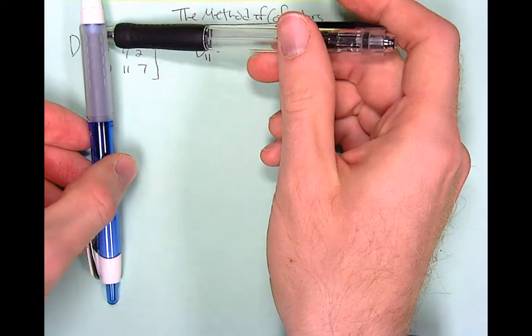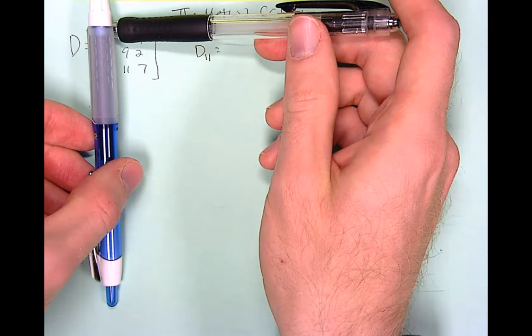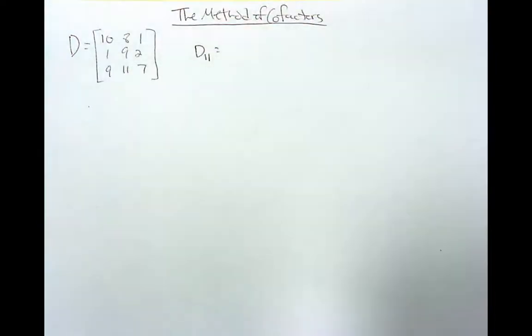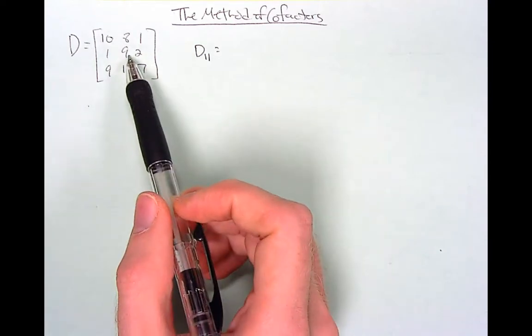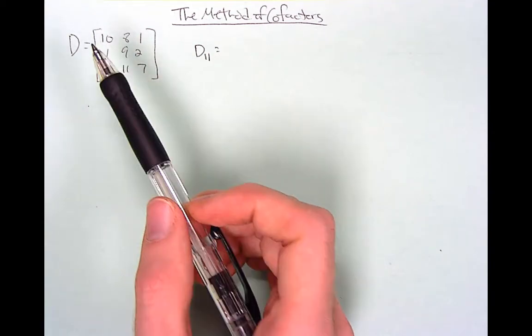And what we're left with is kind of like a small submatrix with the values 9, 2, 11, 7. So we're left with that matrix, and it has one fewer row and one fewer column than the original matrix. That is referred to as the minor of the element. So as you notice, we're left with 9, 2, 11, 7, which is a 2x2 as opposed to a 3x3.